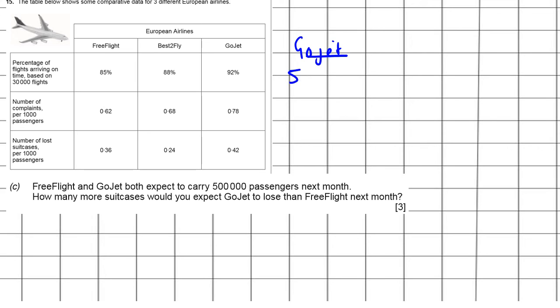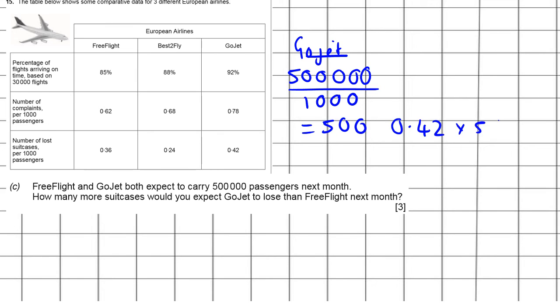So let's do 500,000 divided by 1,000. So that's 500. Therefore we need to do 0.42 times 500. That gives us 210 suitcases.